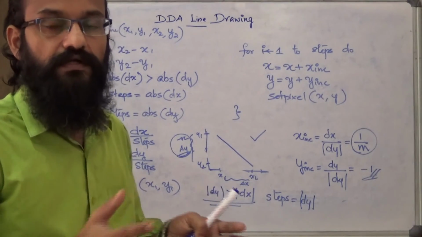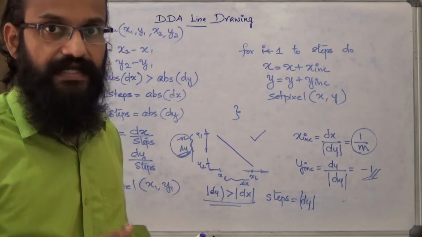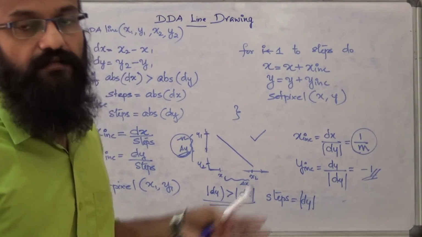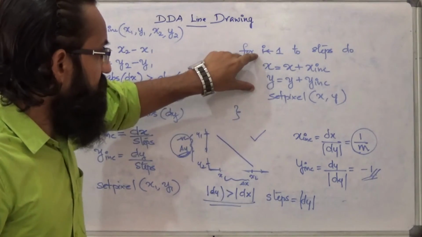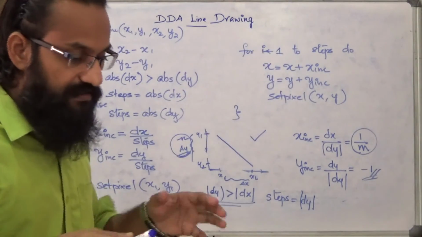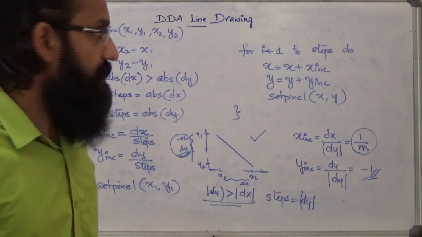You are not performing any division or multiplication operation, which become faster as compared to other operations. So this algorithm is faster since it eliminates costlier operations like multiplication and division.